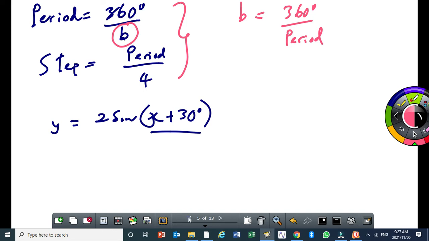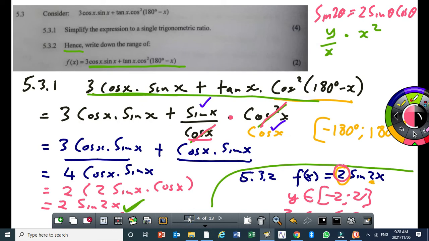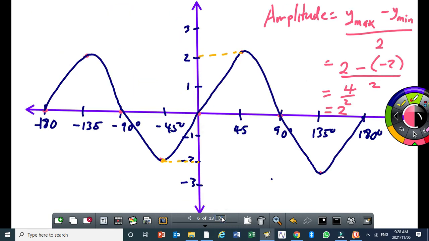Right, let's carry on. So I have answered 5.3. Now let's move on to the next question. And I've also discussed here the trig graph. You can also go home and attempt other questions where you sketch. You have to come prepared to answer questions on trig graph. I'm going to talk about the question which was in this paper as well, just now.